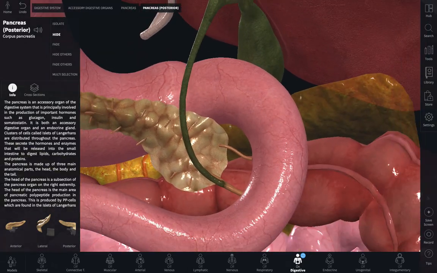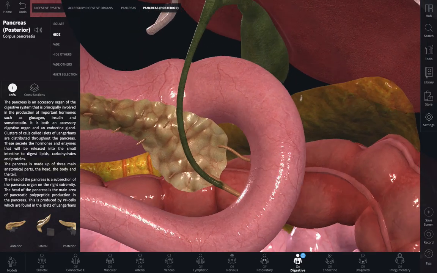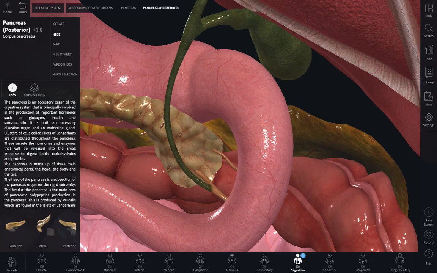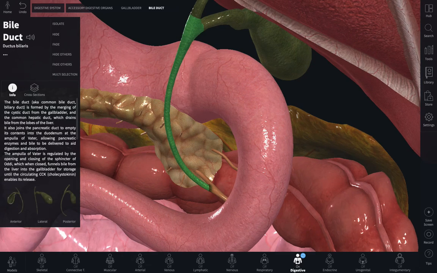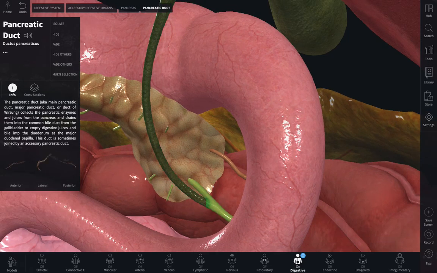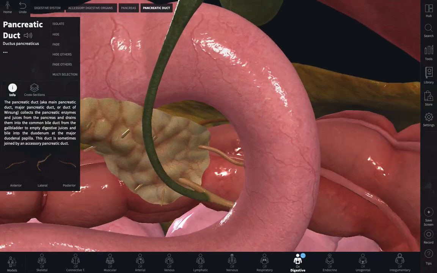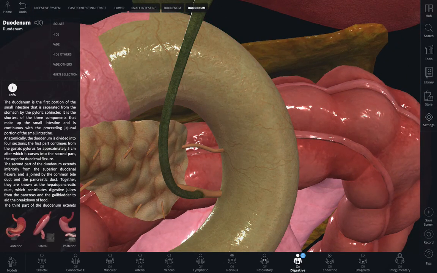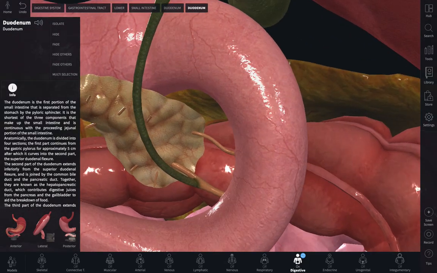A little bit of pancreas is still left, but what we need to appreciate here is that the bile duct, or the common bile duct, forms a union with the main pancreatic duct and finally opens into the second part of the duodenum. This is the duodenum, and this is where it opens, the second part of the duodenum.